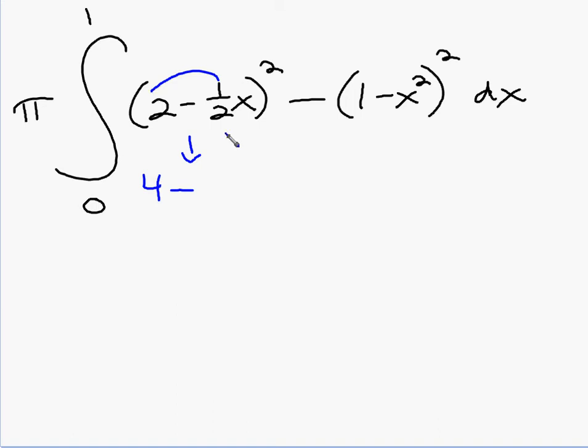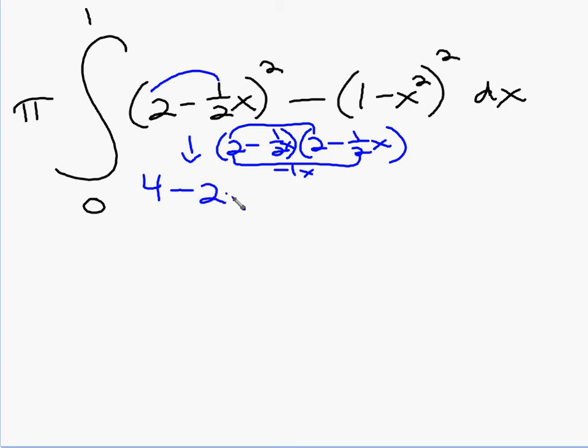You have to be careful when you're doing this FOIL. I'm probably being a little too risky here doing it in my head. So your middle term is going to be minus 2x plus 1/4 x squared.